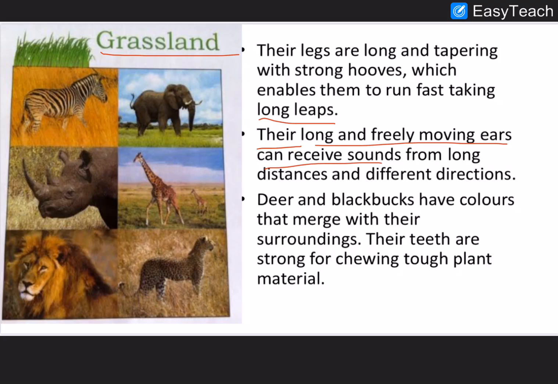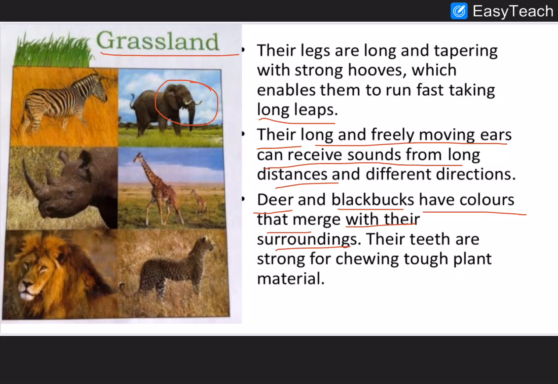Their long and freely moving ears can receive sounds from long distances. You can see in the case of the elephant, they have long, freely moving ears, so they can hear sound from different directions and distances. Deer and blackbucks have colors that merge with their surroundings.